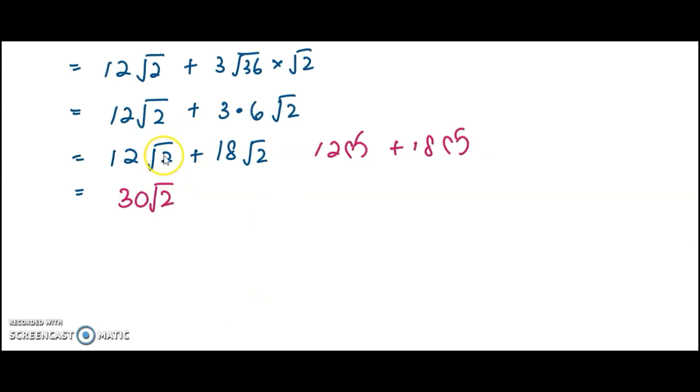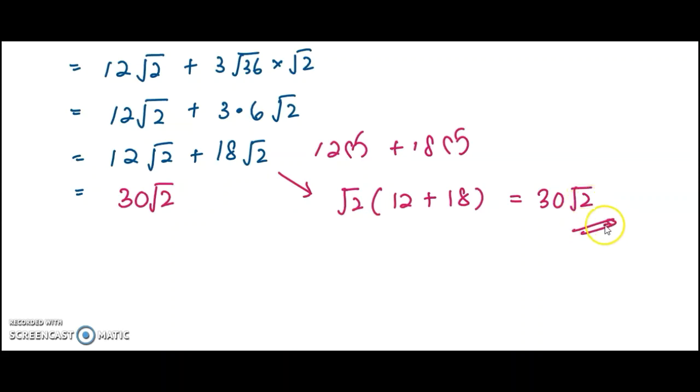Or you might factor out surd 2. After factoring out surd 2, you have 12 left inside the bracket for the first term, and 18 for the second term. Add up 12 and 18, you get 30. 30 multiplied by surd 2 is 30 surd 2.